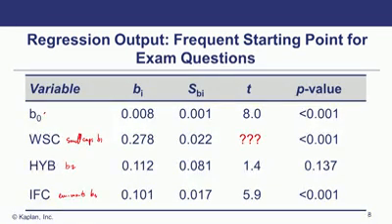The first column simply gives us the values of the intercept and the three slopes. The second column gives us the appropriate standard errors for each of them. The third column gives us the computed t values. We have blanked out one of them so that we can compute it together and see how that works. And the fourth column gives us the computed p-values, which of course can be used instead of t values.